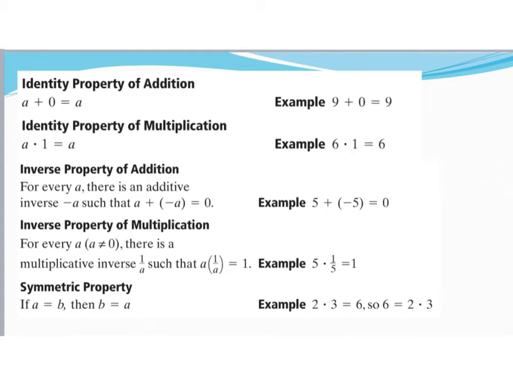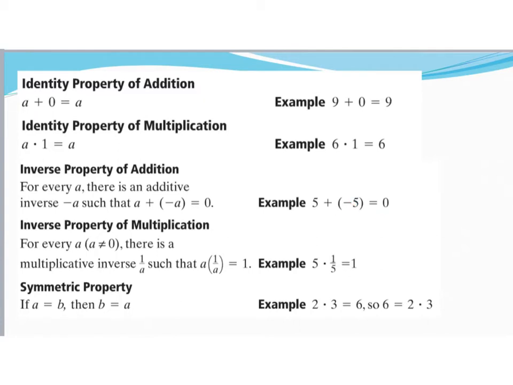Next, we have the inverse property of addition, and what this says is for every, essentially, positive A, there is an additive inverse, which is the opposite of A, such that A plus the opposite of A equals 0. So here we can see that 5 plus a negative 5 will also give me 0.